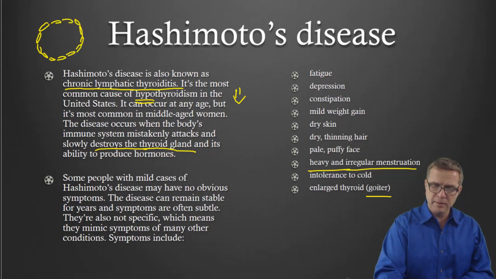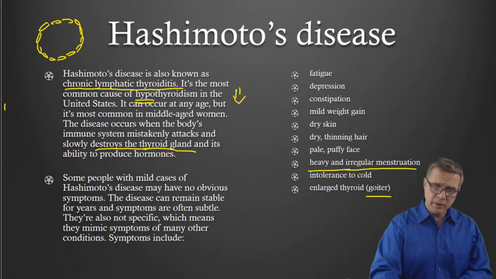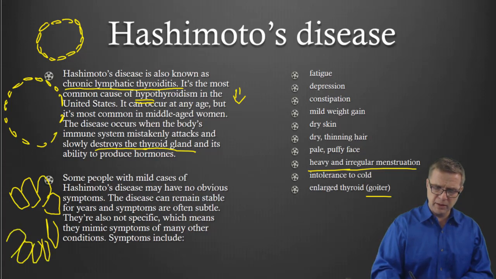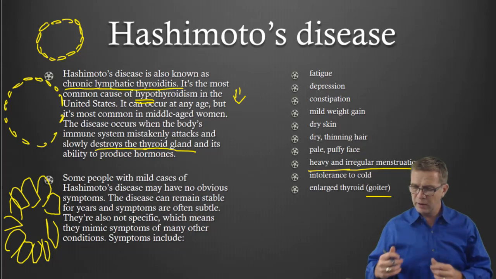Sometimes you have an increase of the colloid in the middle, so the individual follicles get bigger because we're making thyroid hormone but aren't getting it out. In other cases, the actual cells get bigger. In either case, whether the cells get bigger or the colloid in the middle gets bigger, the net effect is this goiter.